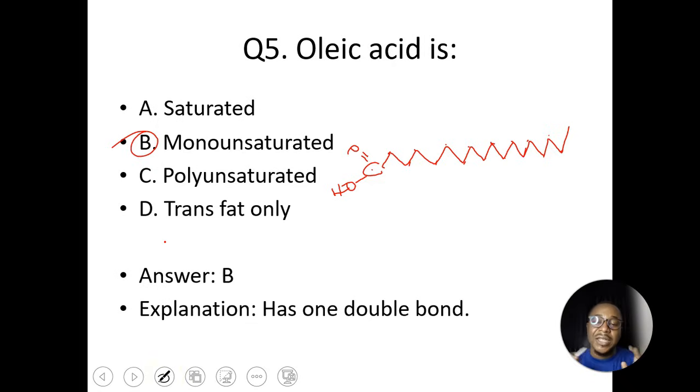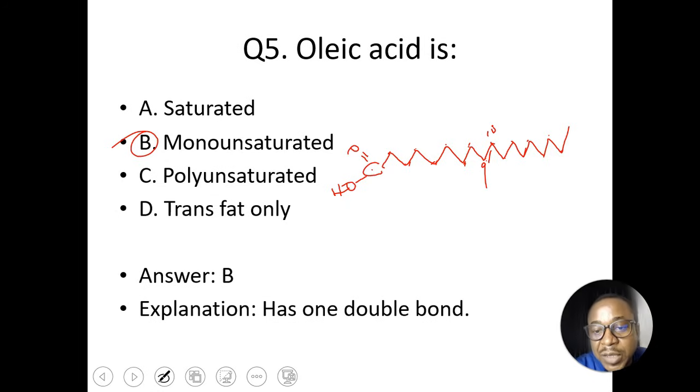We'll now look at the 9th position, starting from the carboxylic carbon: 1, 2, 3, 4, 5, 6, 7, 8, 9. So the bond will be between 9 and 10. This is carbon number 9 and this is carbon number 10.